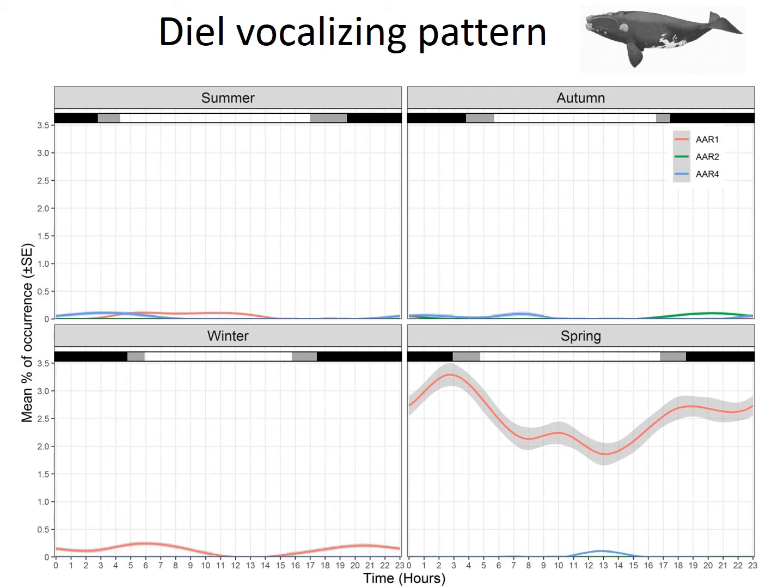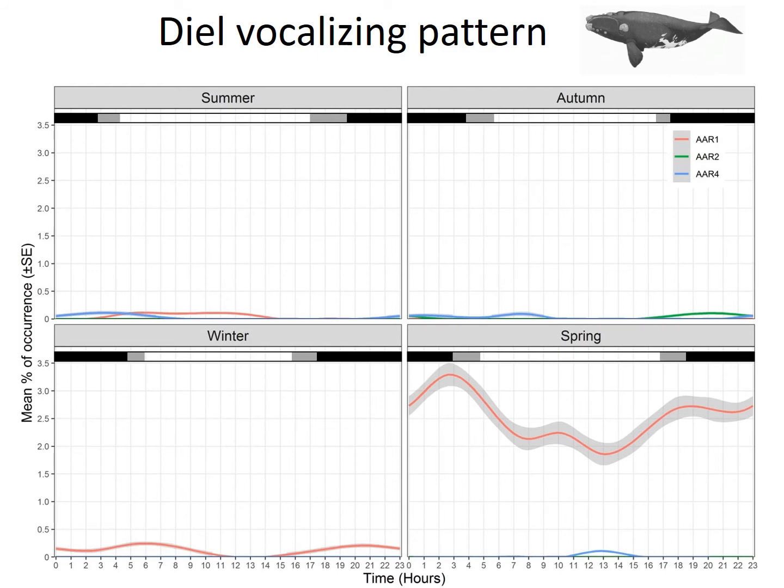Looking into their diurnal vocalizing pattern, we saw it mainly in spring. The other seasons didn't have much of a pattern because there were very few sounds recorded in those months.